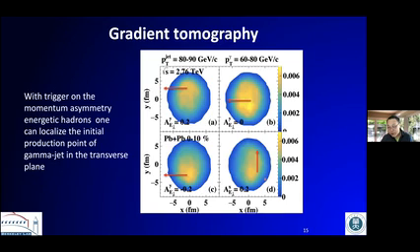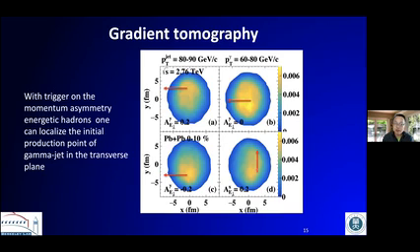And similarly, if you change the orientation direction, instead of in-plane and out-of-plane, you also get a very different initial distribution. So we think we are using this gradient tomography by triggering on this transverse asymmetry with respect to the jet propagation direction, for example by using a gamma trigger or a dihadron trigger, we think you can actually localize the initial production point.